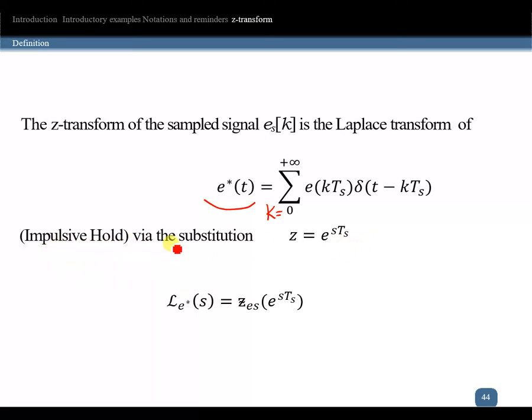Impulse hold, I know that. If I put z equal to e to the sTs, in the definition, I can change the Laplace of E star(s) to be E(z) with z equal to e to the sTs. This will be proved together.